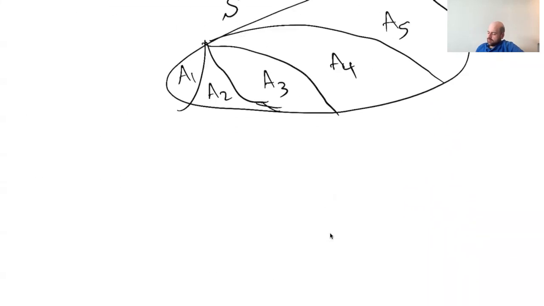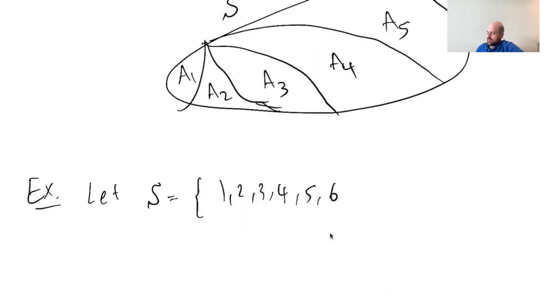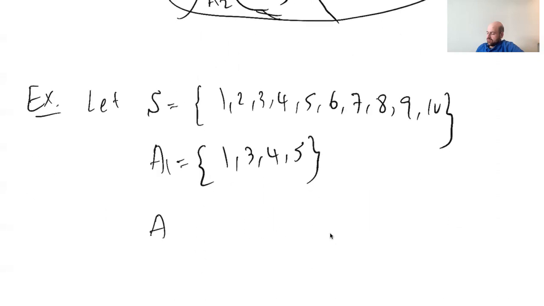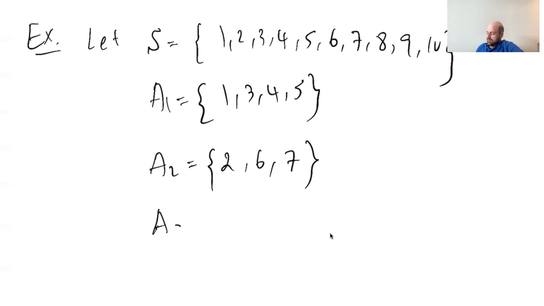Okay, so let's look at a simple example first. Let S equal 1, 2, 3, 4, 5, 6, 7, 8, 9, and 10. And let A1 equal {1, 3, 4, 5}, A2 equal {2, 6, 7}, and A3 equal {8, 9, 10}.